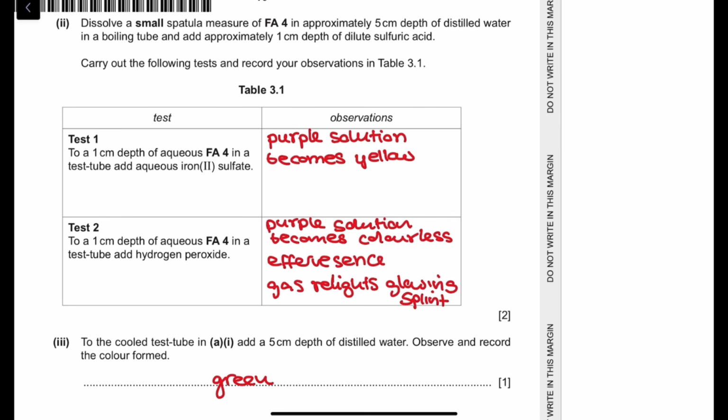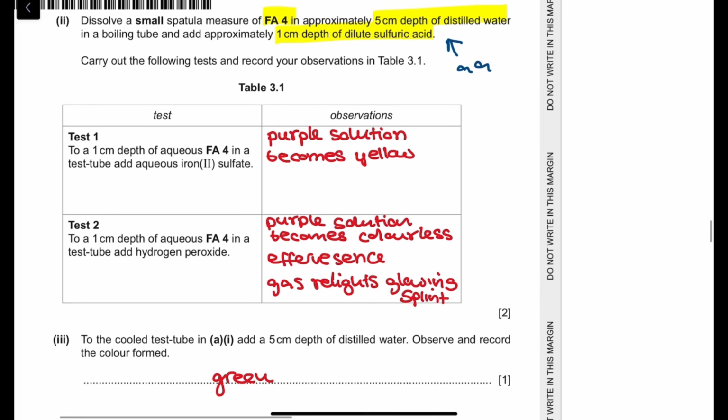Then it says we've taken our FA4, which is our potassium manganate, and added it to 5 centimeters cubed of distilled water and 1 centimeter cubed of dilute sulfuric acid. This means we have essentially acidified our potassium manganate. Now this is actually a very strong oxidizing agent, and it oxidizes other substances. So we've carried out 2 tests with our acidified potassium manganate.